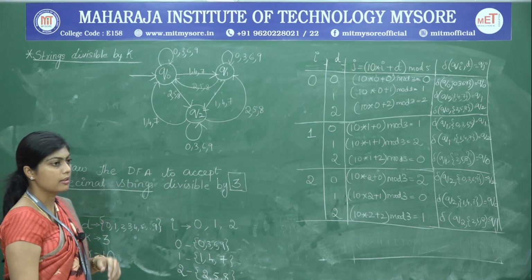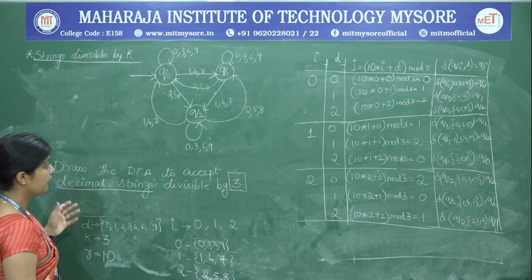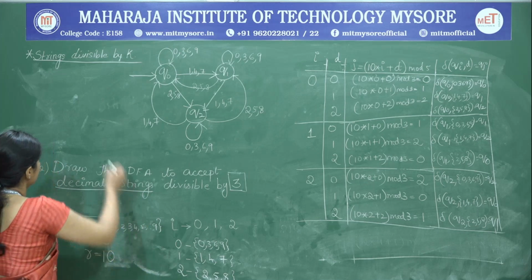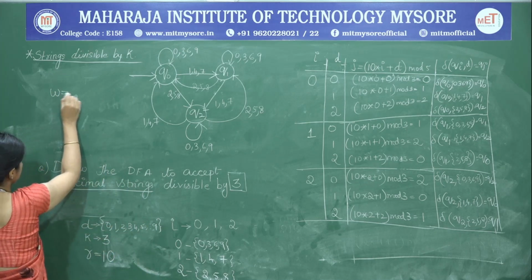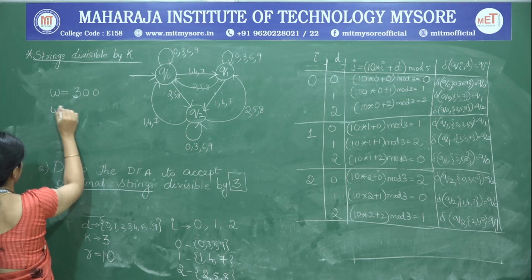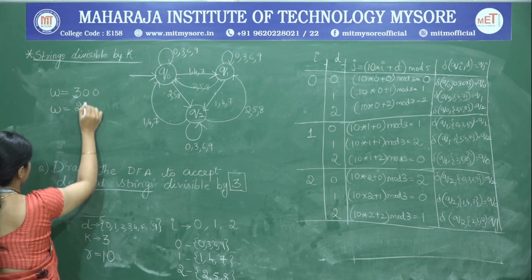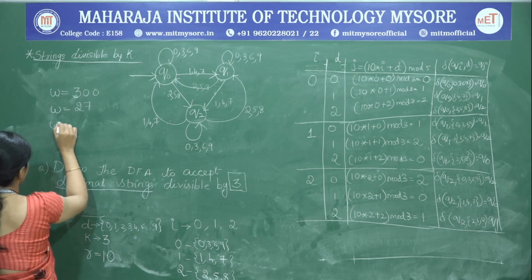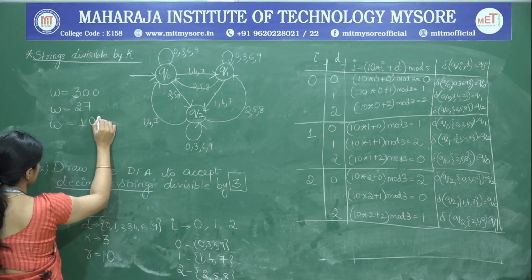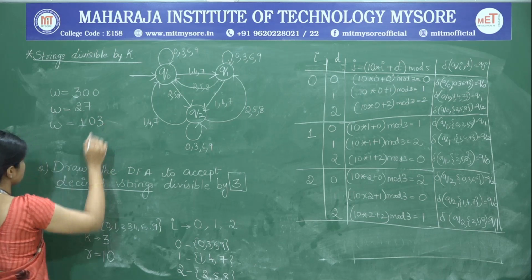So, we will pick up a few strings and find out if the DFA is actually accepting all the numbers which are divisible by 3. So, we will take W equal to 300, W equal to 27, and W equal to 103.